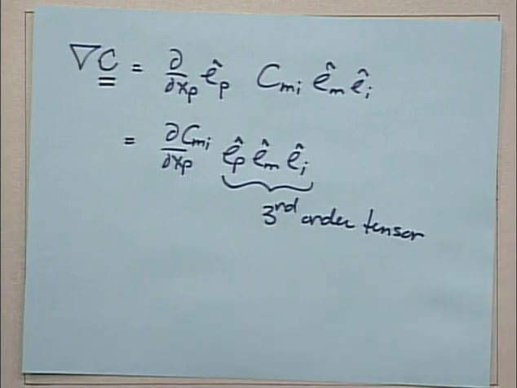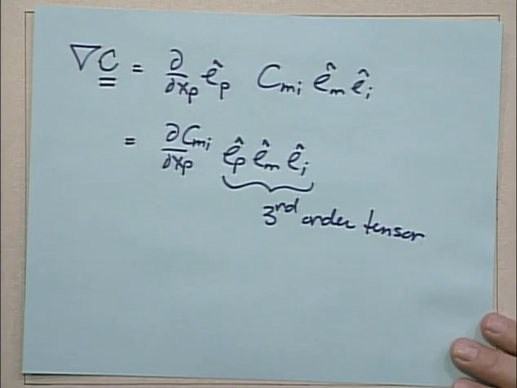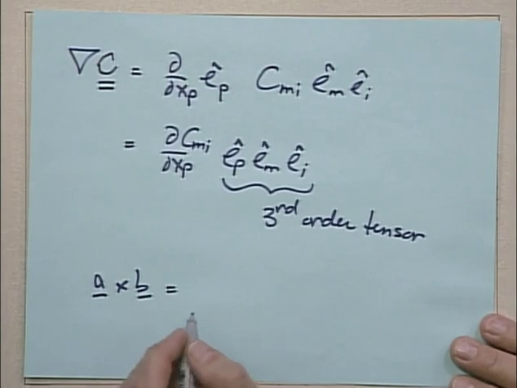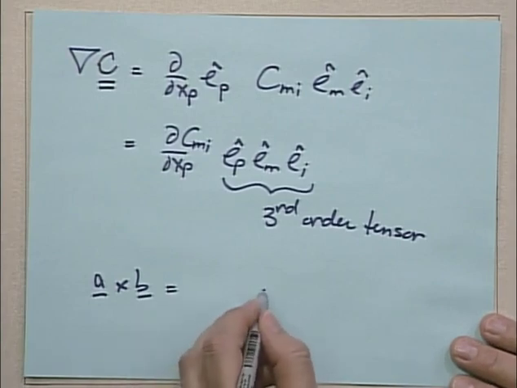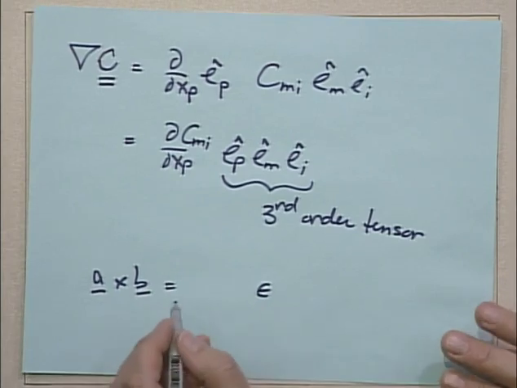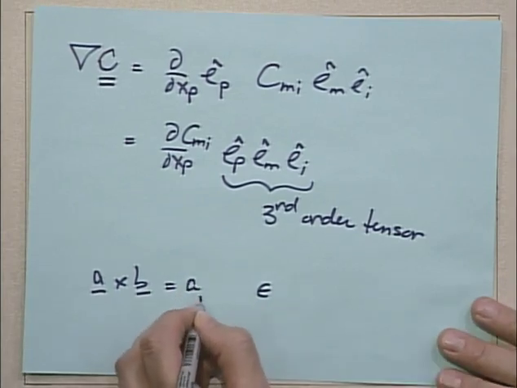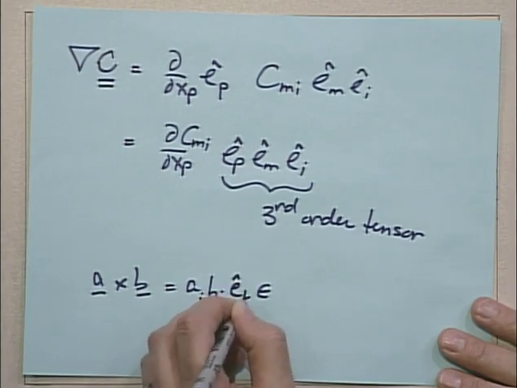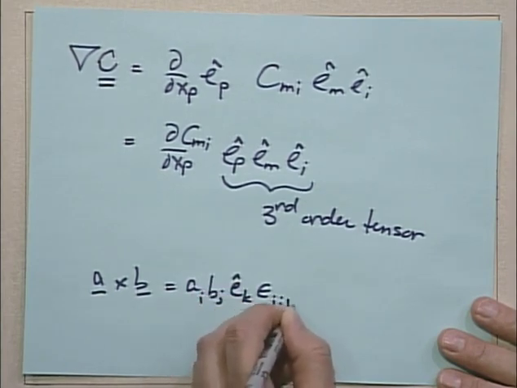Very complicated. In fact, do you remember in your cross product when you learned how to carry out a cross product? A cross B. You learned maybe that it was something times this quantity epsilon, where you have A_i, B_j, E_k, epsilon_ijk.